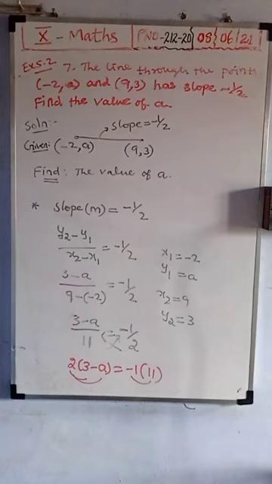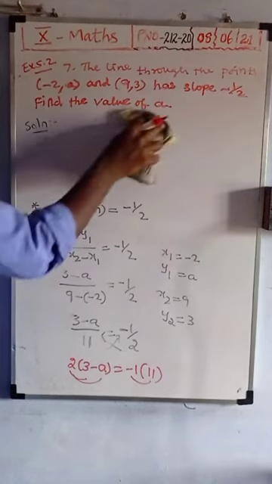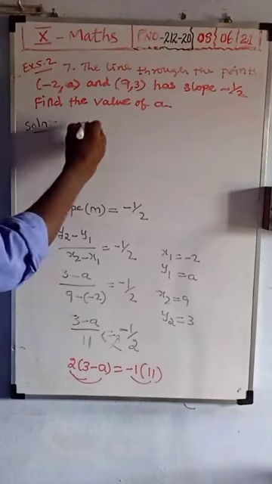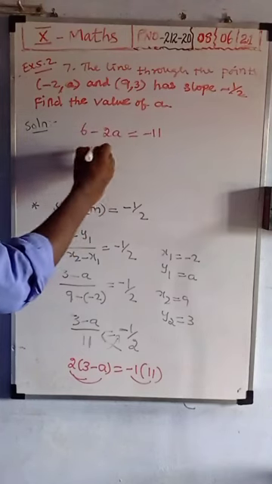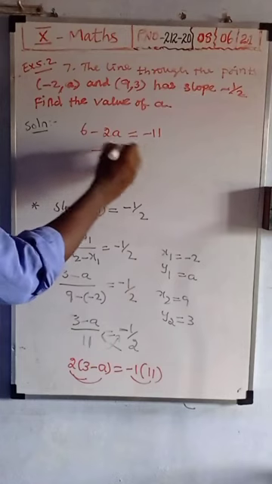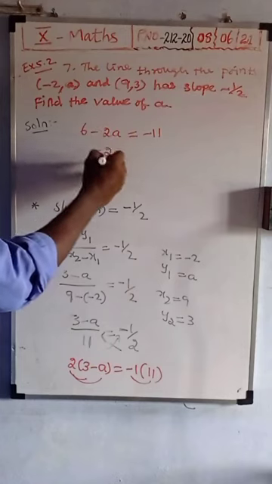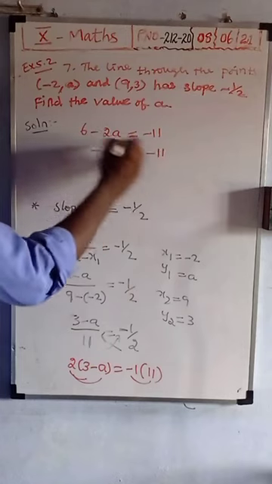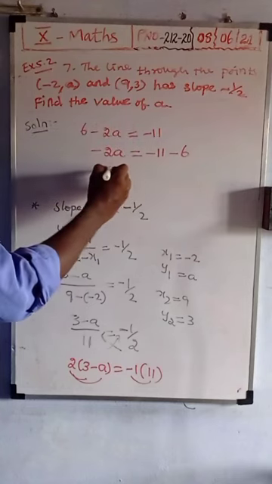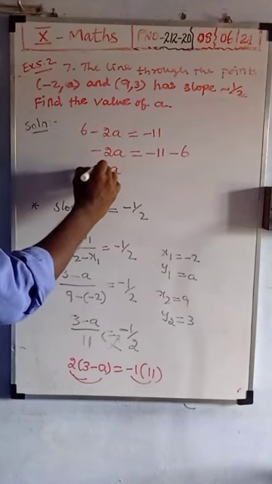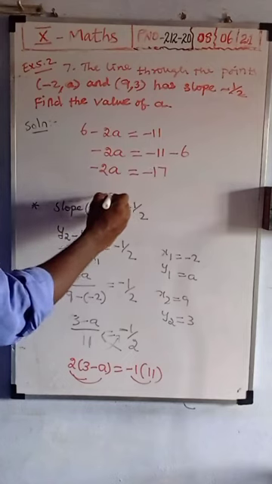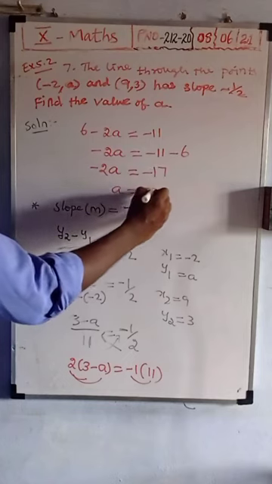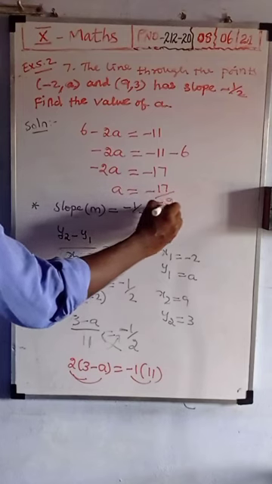Now 2 3s are 6, so 6 minus 2a is equal to minus 11. We need the a value, so minus 2a is equal to minus 11 minus 6, so minus 2a is equal to minus 17. Only we need the value of a, so a is equal to minus 17 by minus 2.